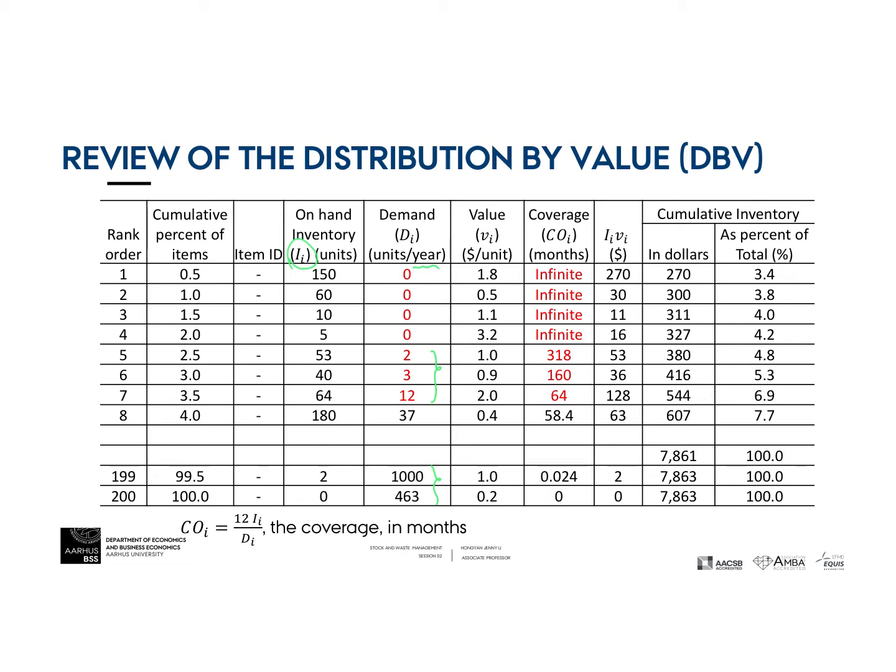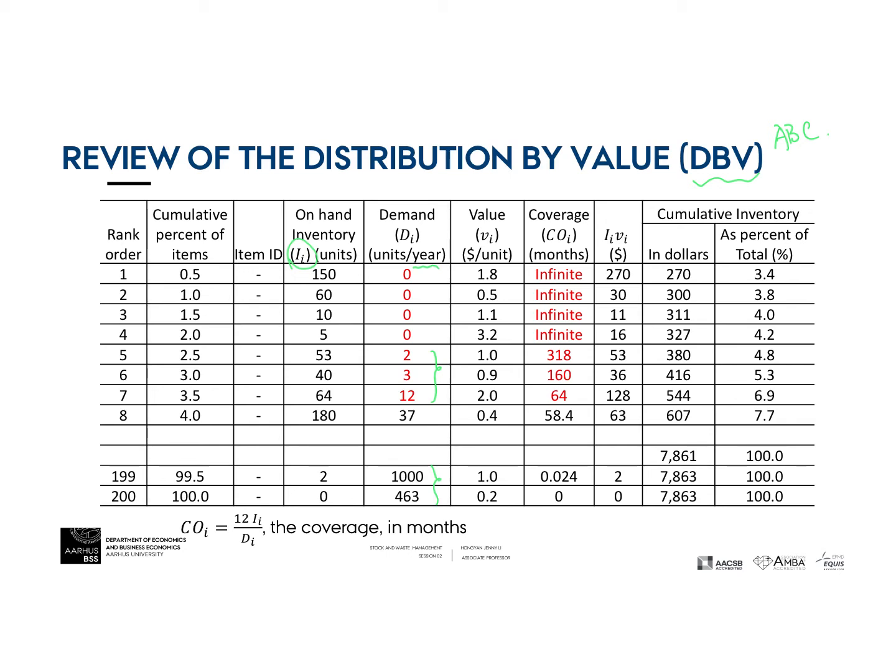Then we also collect the information about the individual values of different items. For the DBV curve, distribution by value, also used in the ABC analysis, hopefully you still remember how to do that.